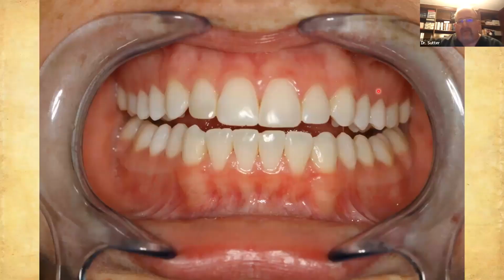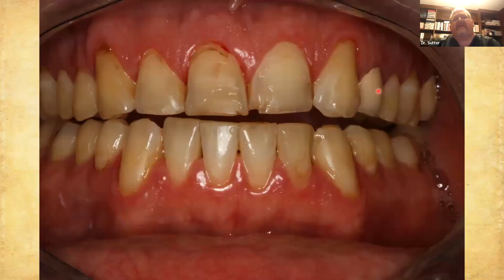Right. And so the big question is, how long is it going to take this to turn into something like that? It's going to take decades, but all she has is time. She's 18, right?